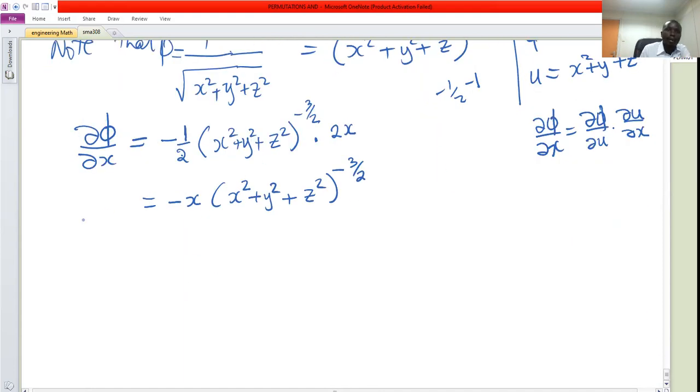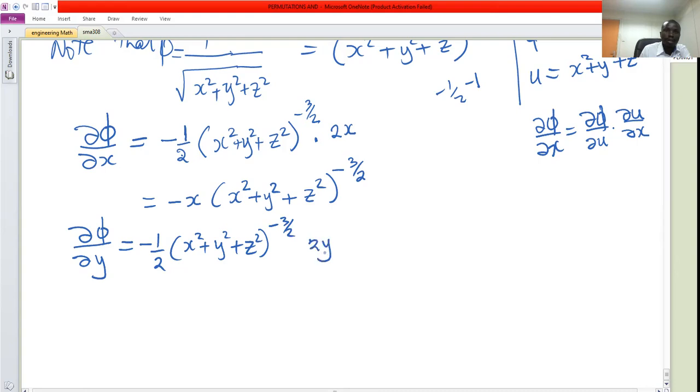Similarly, partial phi partial y will actually give us negative a half (x squared plus y squared plus z squared) raised to minus 3/2. And then I multiply by 2y, which will be negative y into (x squared plus y squared plus z squared) raised to negative 3/2.